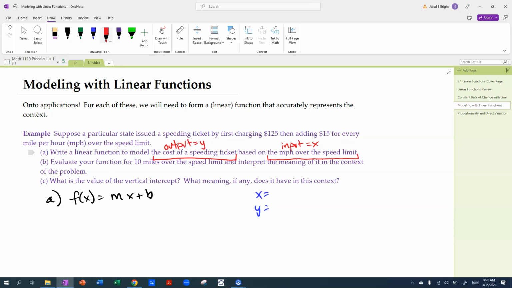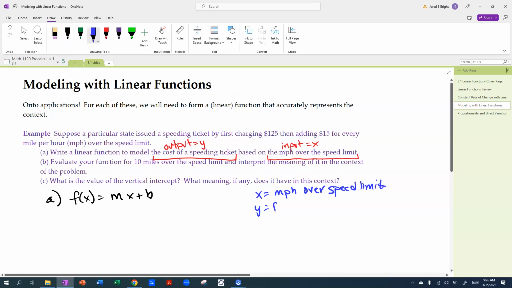Okay, so here I would define x as the miles per hour over the speed limit. I have to put that in, and then y, which is the same as the function value, is the cost of the speeding ticket.